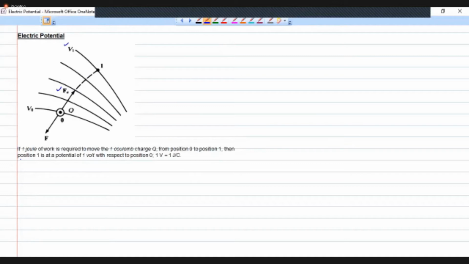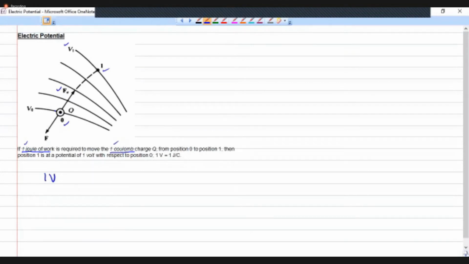So how can we define 1 volt? If we do 1 joule of work to move this charge, assume that this charge is 1 coulomb, so we are moving 1 coulomb of charge from one point to another, from point 0 to point 1. And how much work are we doing? We are doing 1 joule per coulomb.